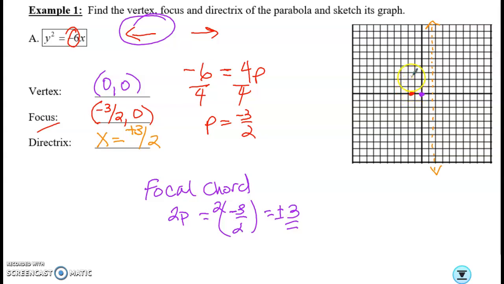So we're going to go 1, 2, 3, 1, 2, 3. And that gives you 2 more points on the parabola. That helps you to graph the shape and to give it the right shape, whether it be wide or skinny or whatever. So your focal chord distance is really equal to 2p, which would be 2 times 3 or 6. And that's 6 units right there.